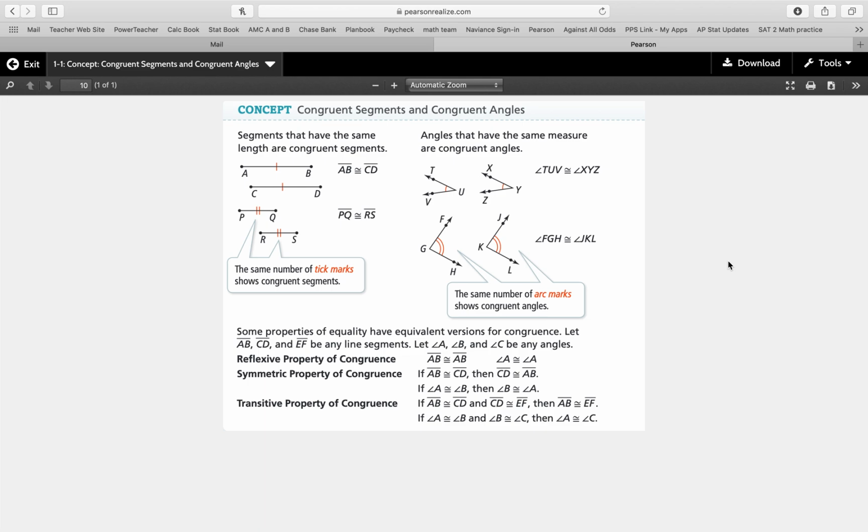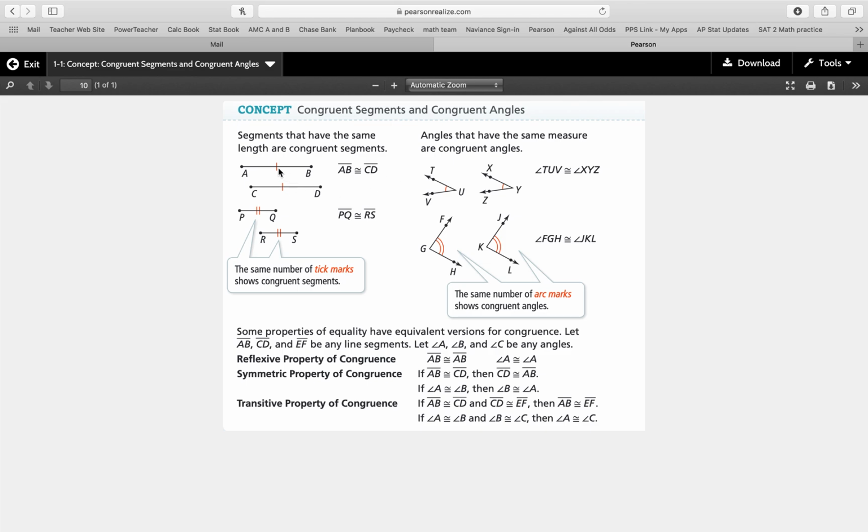For example, 4 equals 4. Okay. If we are talking about line segment AB, AB could equal 4. Whereas congruent means that line segment AB is congruent to line segment CD. We don't know the length of AB or the length of CD, but we know they're congruent.